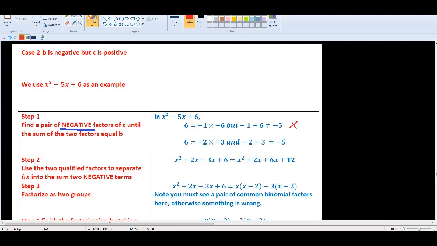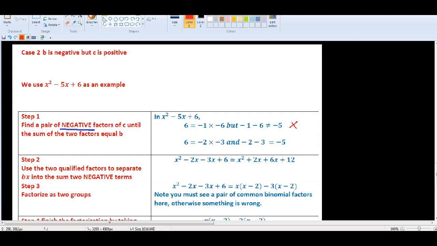You still get 6, and minus 2 plus minus 3 becomes minus 2 minus 3, which gives you minus 5, and minus 5 is the middle term. That only happens if you use two negative numbers. But of course it's not any pair of negative numbers; it must be from the factors of 6.